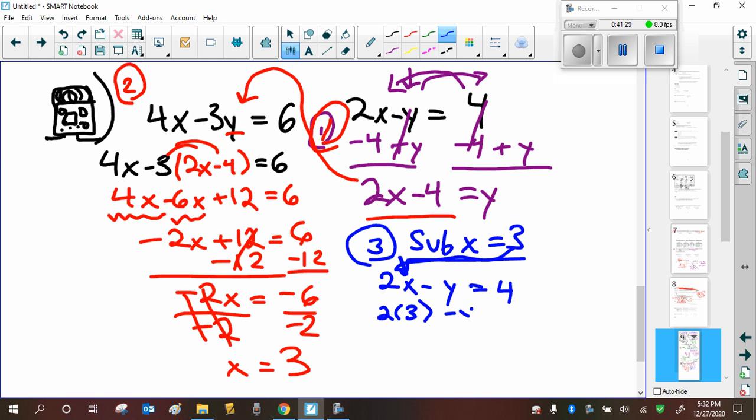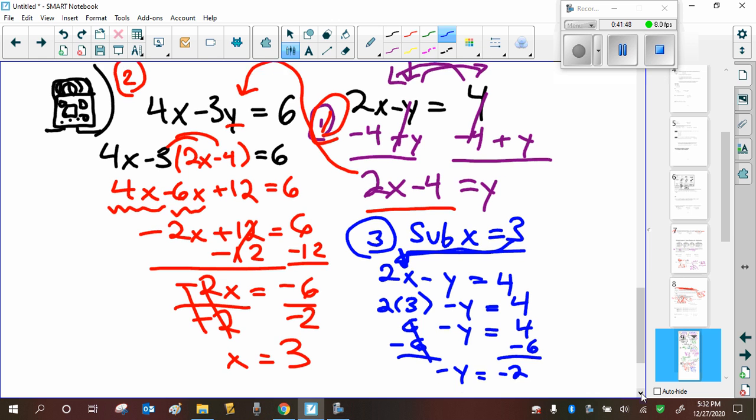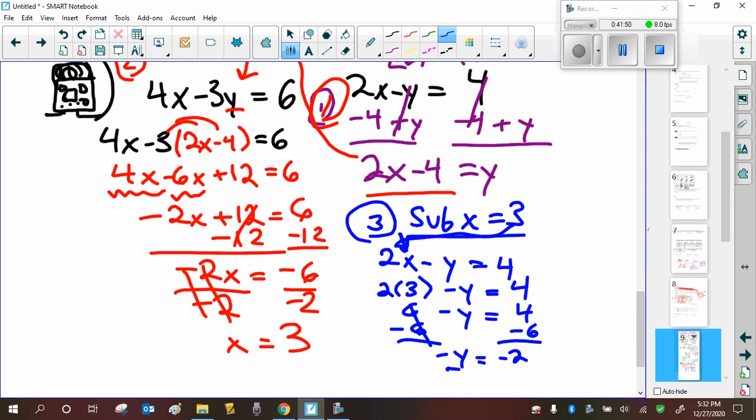And then I have to solve for y, and I'll solve for y the other way this time. Instead of moving it to the other side, I'm going to subtract 6, get negative y by itself, and then I'll divide by negative 1, which is still a skill you need in case it starts with a negative y. So divide by negative 1, you get y equals 2.